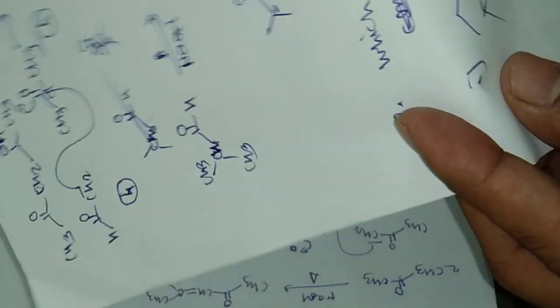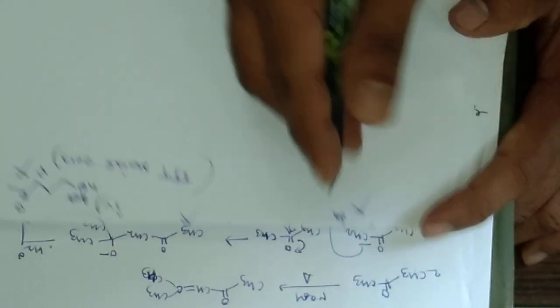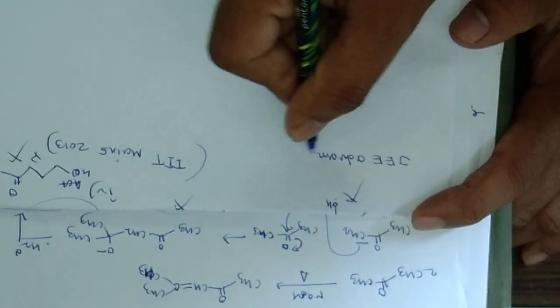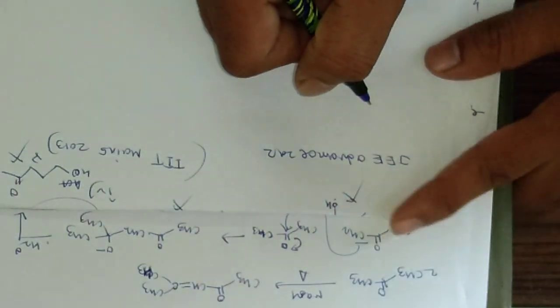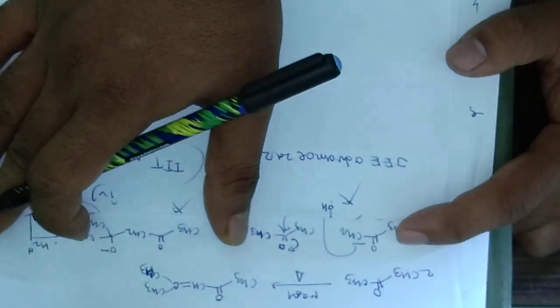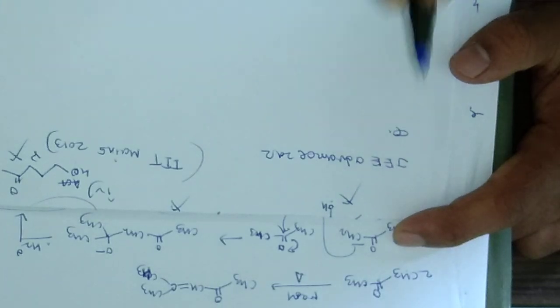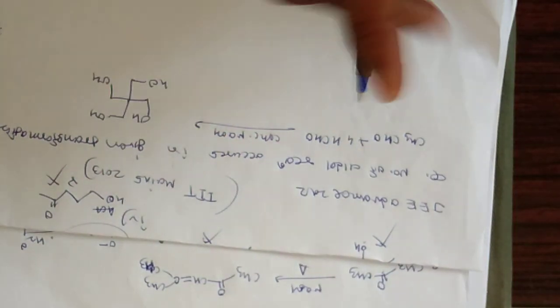Now again, one question is asked on the basis of aldol condensation reaction in JEE Advanced 2012. The question is the number of aldol reactions that occur in the given transformation.